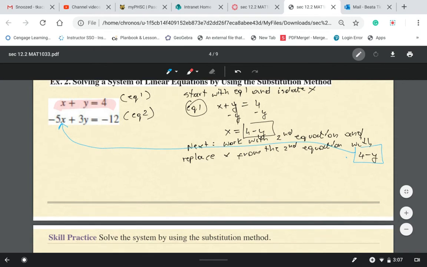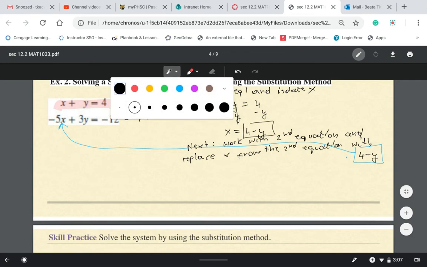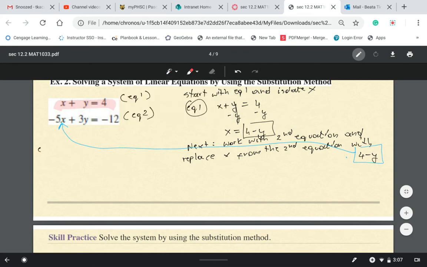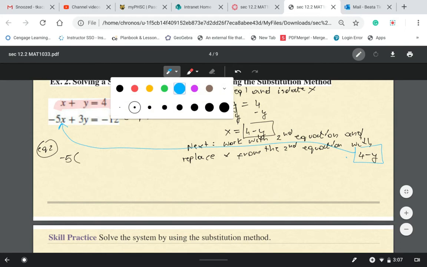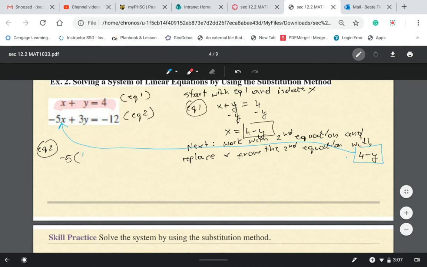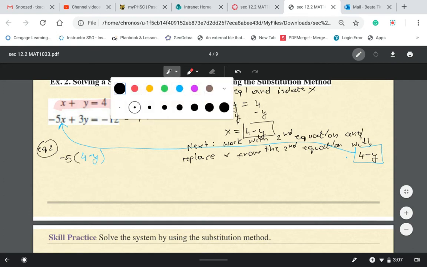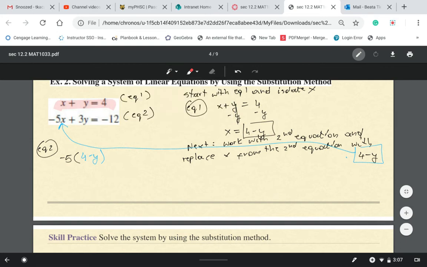So let me show work. So I'm showing work. So we're going to start with equation 2 right now. So it's -5. We're going to replace this x with 4 minus y. That's the x from the first equation. And the rest you just copy the way it is. So this is -5 times 4 minus y plus 3y equal -12.